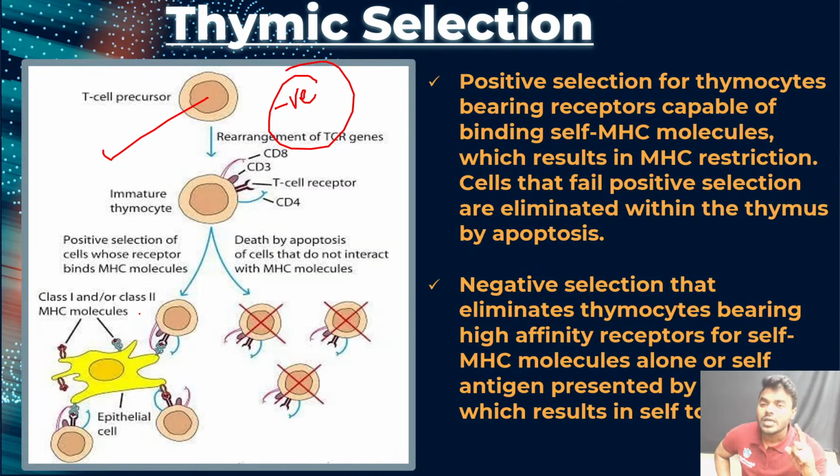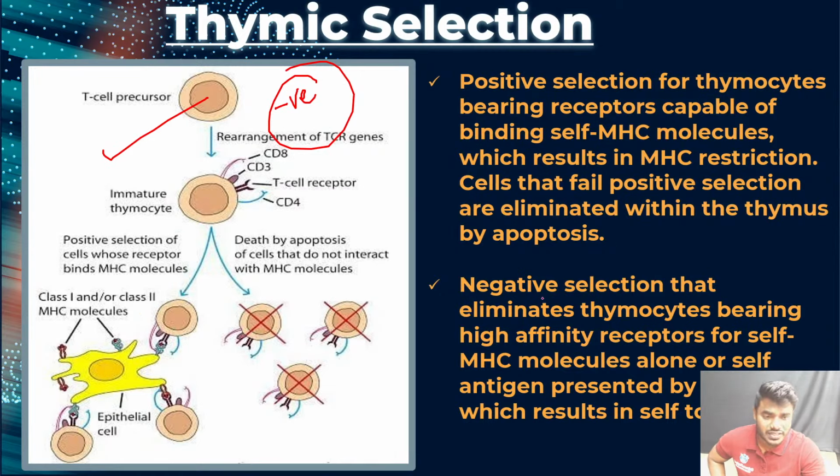Our T cells should not show higher affinity towards the self-MHC molecule. If it starts showing higher affinity towards the self-MHC molecule, there is a chance our T cell may destroy the self-MHC. That's why any T cell that shows higher affinity towards the self-MHC can be immediately destroyed in the negative selection.